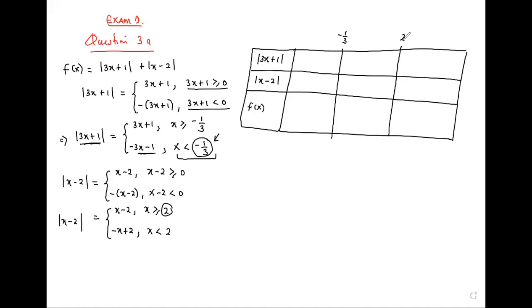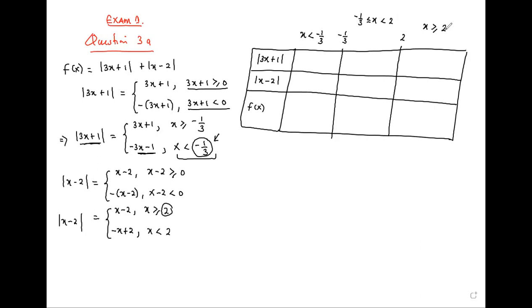In the first interval, x is less than negative 1 over 3. In the middle interval, negative 1 over 3 is less or equal to x, which is less than 2. And in the other interval, x is greater or equal to 2. That's how you break your intervals.